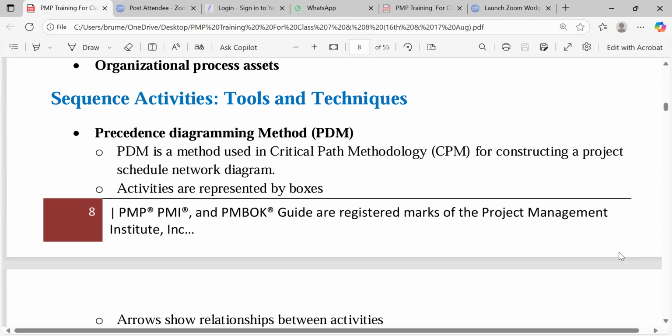Because certain times they could be plastering, and at the same time they are plastering, somebody's excavating somewhere else. You see, the diagram is showing that plastering and excavation of maybe a trench somewhere could happen at the same time. So the critical path looks at the network diagram and identifies the longest duration. The longest duration of the scheduled network is what is called the critical path.